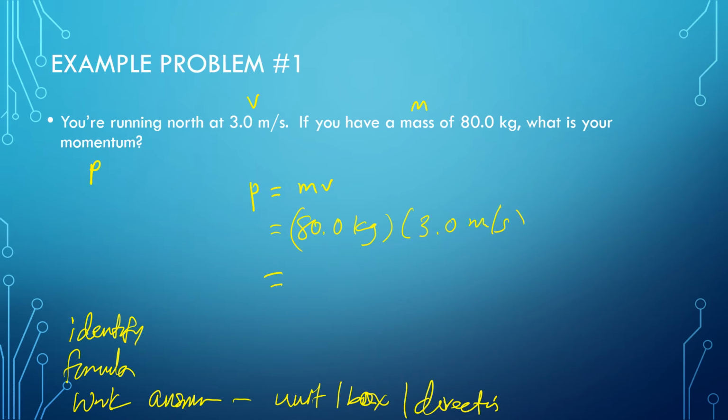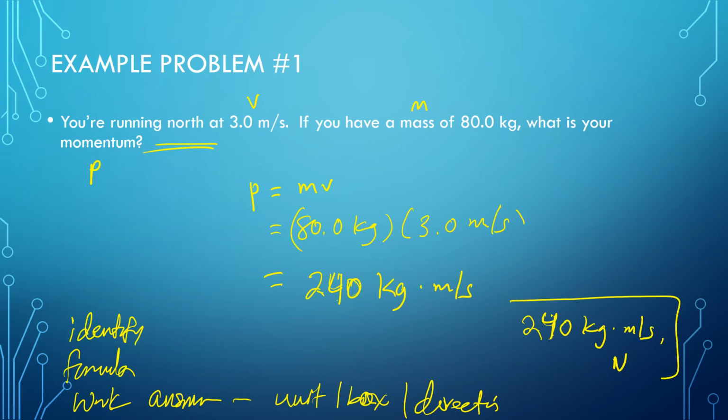So my final answer will be 240 kilograms times meters per second north, because you're running north.